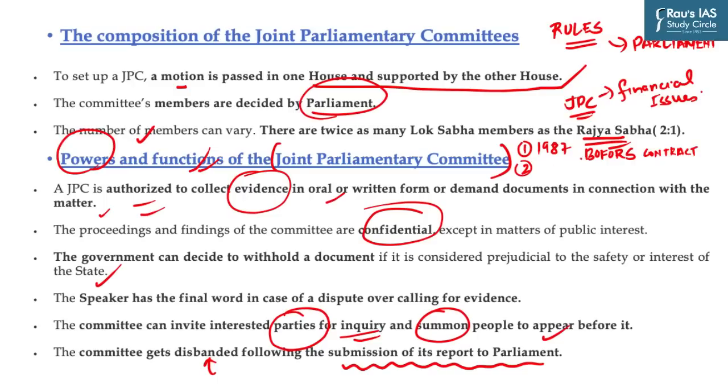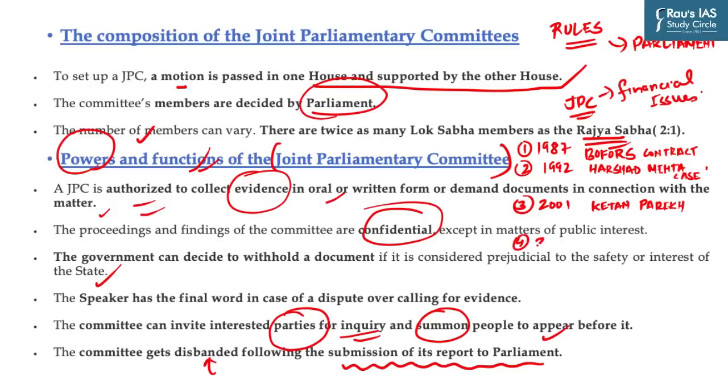The second joint committee was formulated after irregularities in the stock market in 1992, popularly known as the Harshad Mehta case, as the stock market manipulation had endangered the position of the money market and the stock market in India. The third Joint Parliamentary Committee was formulated in 2001, and this was again related to the stock market, the Ketan Parekh share market scam.